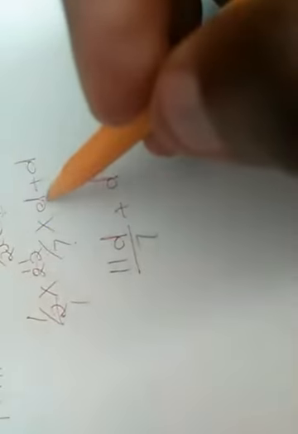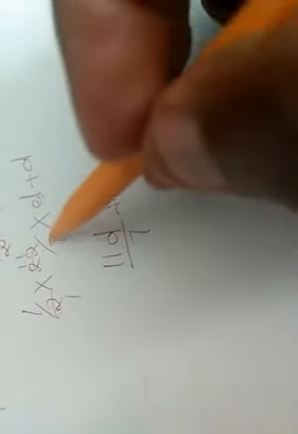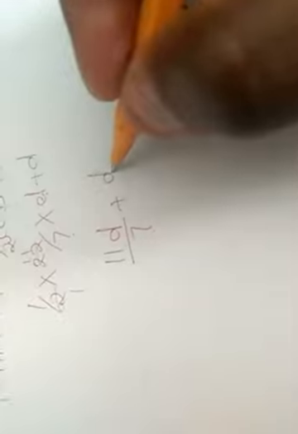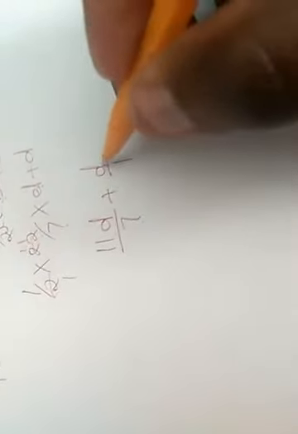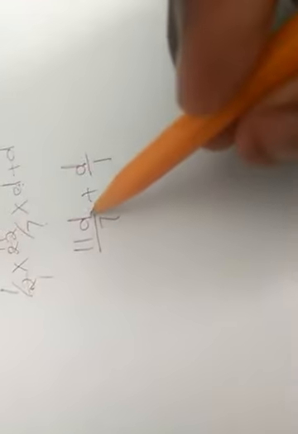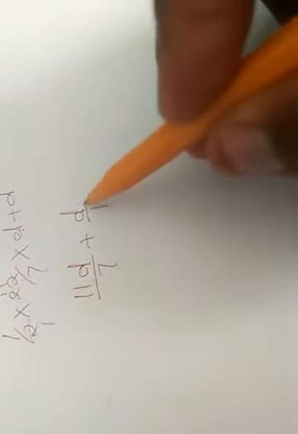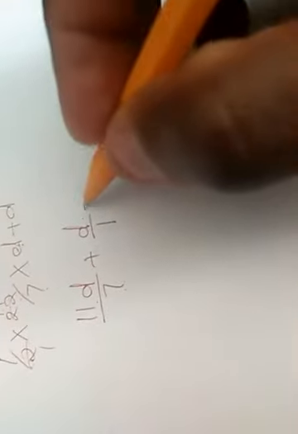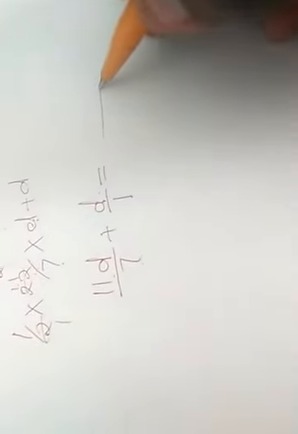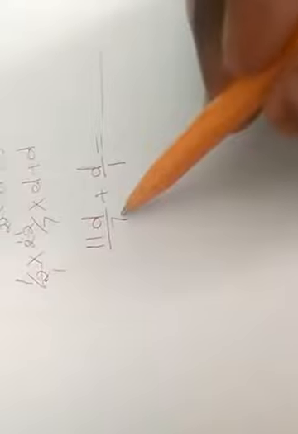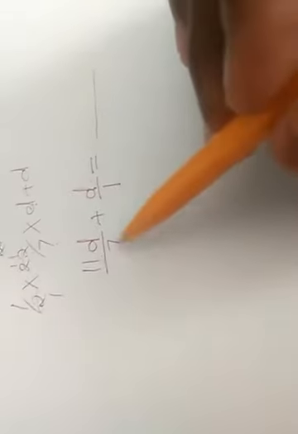Then we introduce a denominator of 1 under this d, so that we have 11d/7 plus d over 1. And hence we look for the LCM of 7 and 1. The LCM of 7 and 1 is 7.